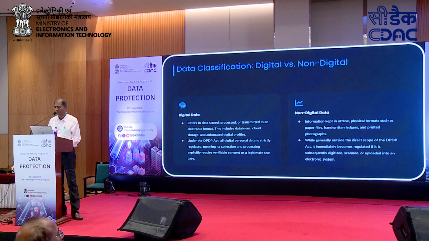Under the DPDP Act, all digital personal data is strictly regulated, meaning its collection and processing explicitly requires verifiable consent or a legitimate use. Non-digital data, anything which is physical, that is basically in a paper file or handwritten document, is considered non-digital data and out of the scope of the DPDP Act.